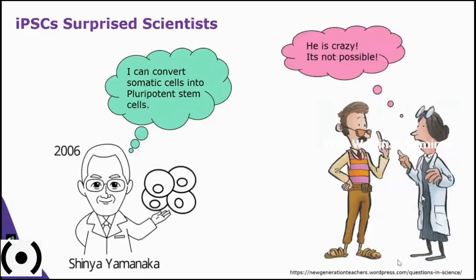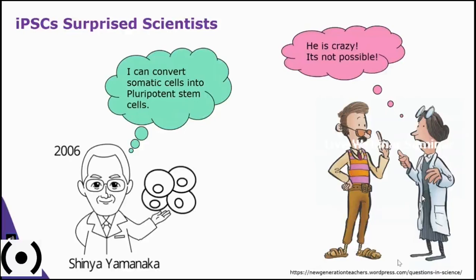A debate started that it could not be possible. They said he is crazy, right? But this happened with all the major discoveries. Nobody realizes it at the moment. It will take some time, and you have to prove it to them. So it was difficult for the scientists to accept that this could be possible, because nobody knew about it before, right?